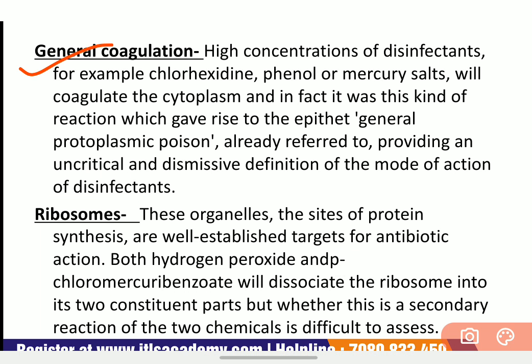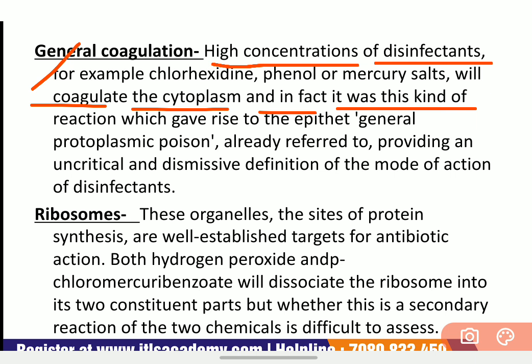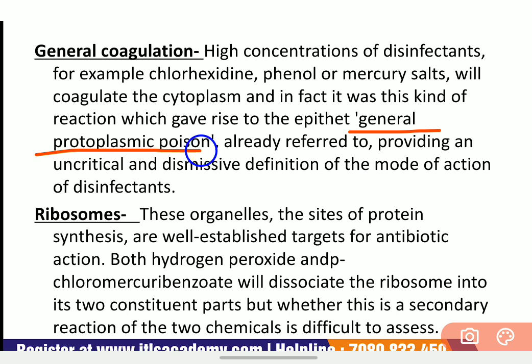General coagulation. High concentrations of disinfectants, for example chlorhexidine, phenol, or mercury salts, will coagulate the cytoplasm, and in fact it was this kind of reaction which gave rise to the epithet general protoplasmic poison.